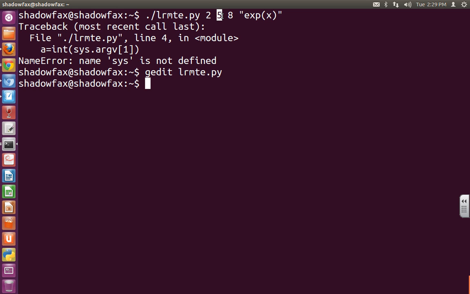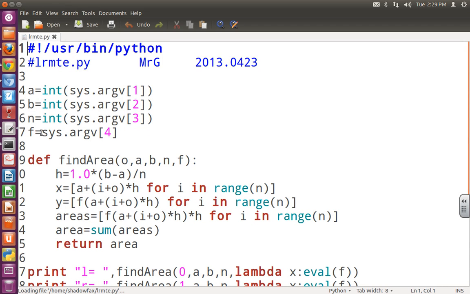All right, I'm missing something. Hang on. It doesn't like line 18, line 13.